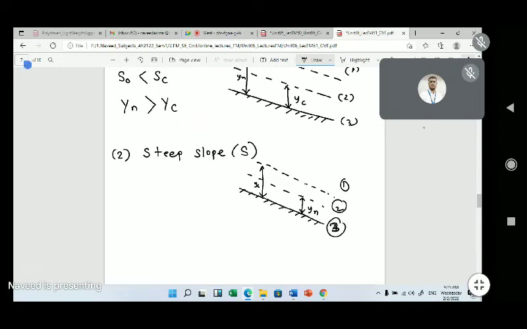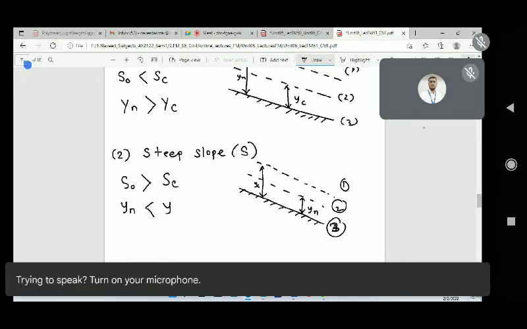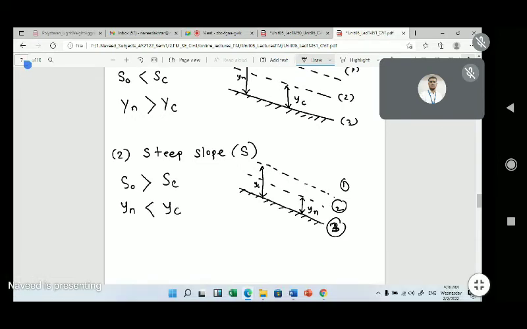In case of steep slope, S0 is greater than SC. The bed slope is greater than the critical slope. And Yn is less than Yc in case of steep slope. So these conditions will be there in case of steep slope.